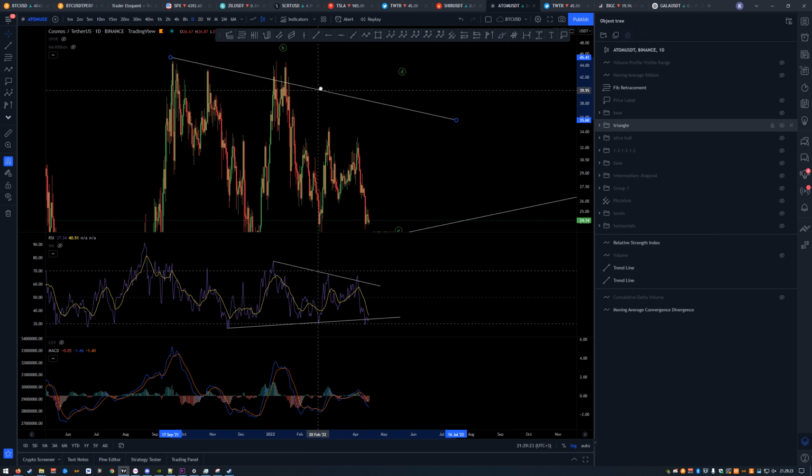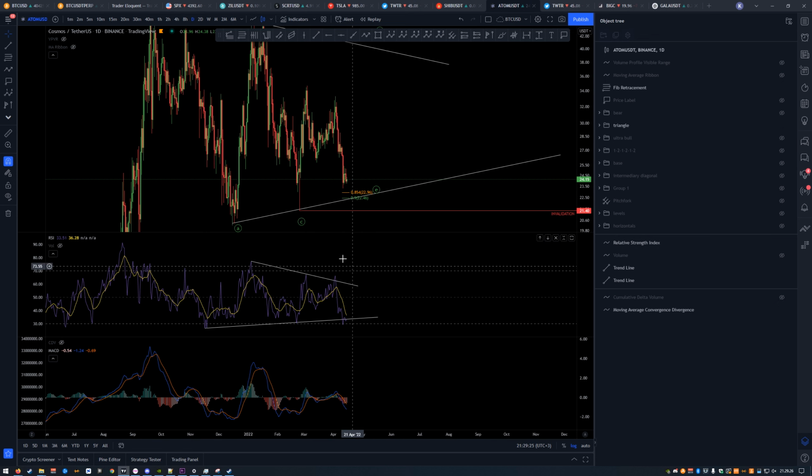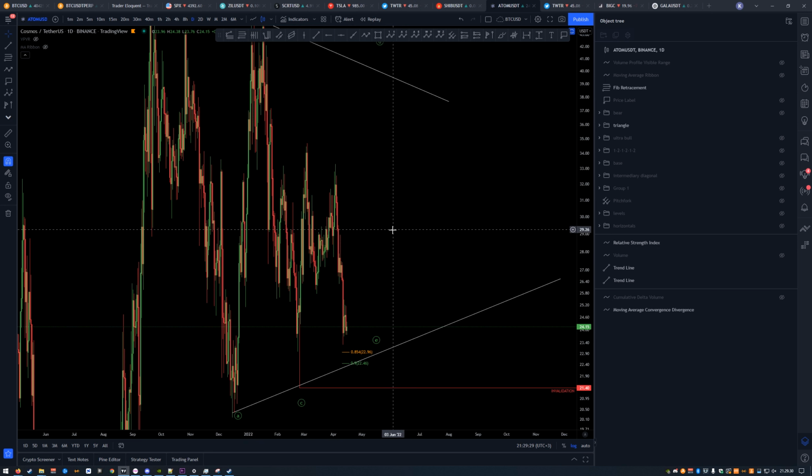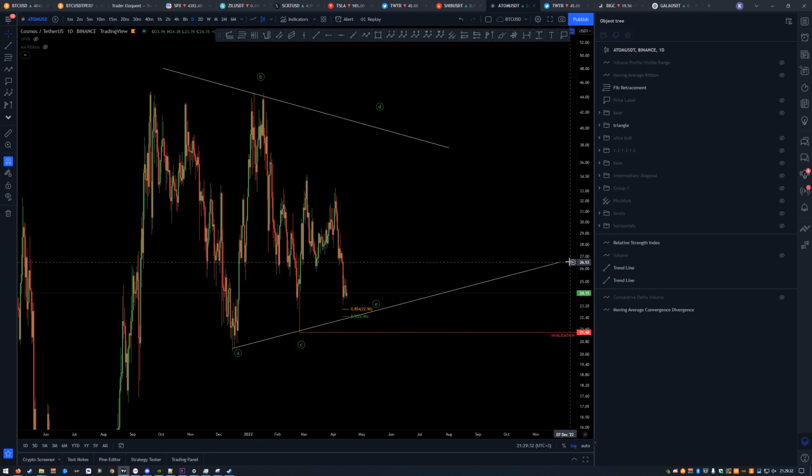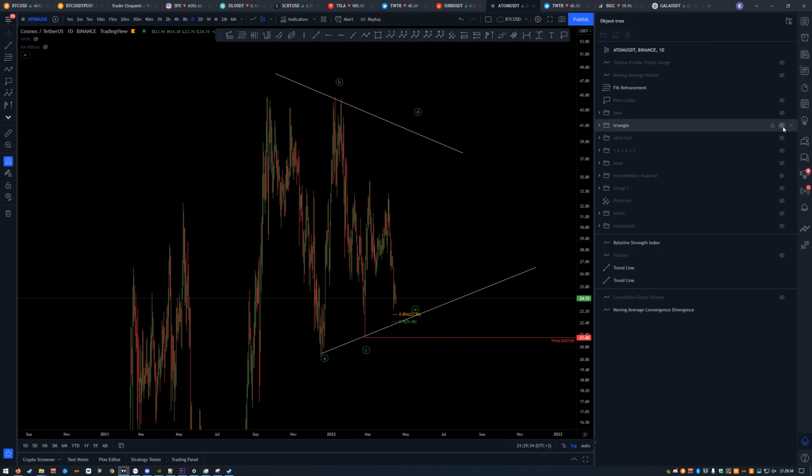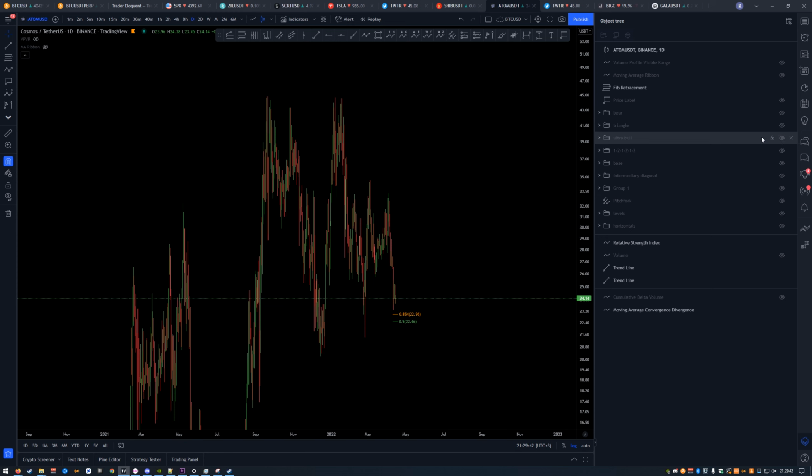Also we could pull this line down, and if we would like to ignore this RSI completely, I guess then this could be still viable, but this is probably around the same likeliness categories as the bullish ultra bull counts and the 1, 2, 1, 2s.